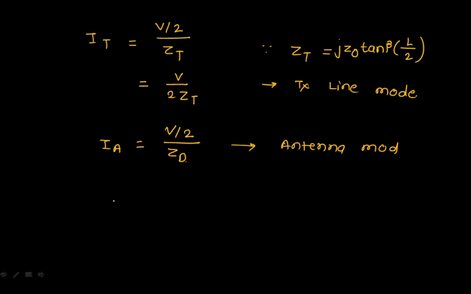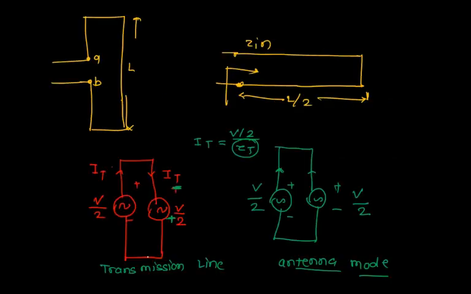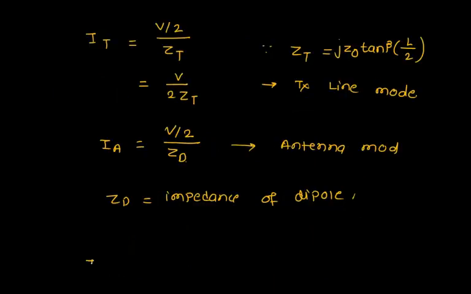Now, if you are going to find the total voltage on the left element and the right element, first the transmission line mode will give you this. Here your total current IT gets divided, and this will be IA by 2. In this way I can write the total current as IT plus IA by 2.